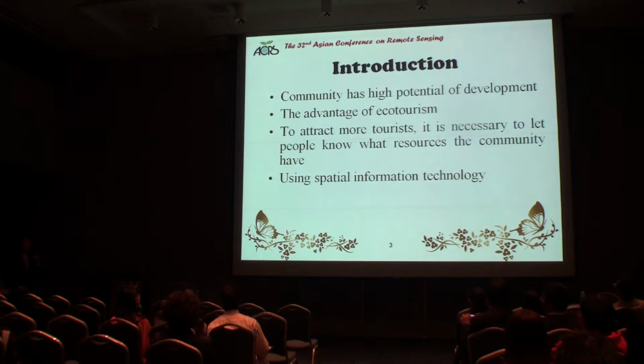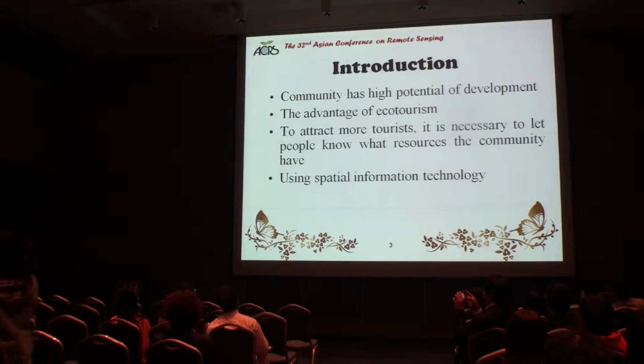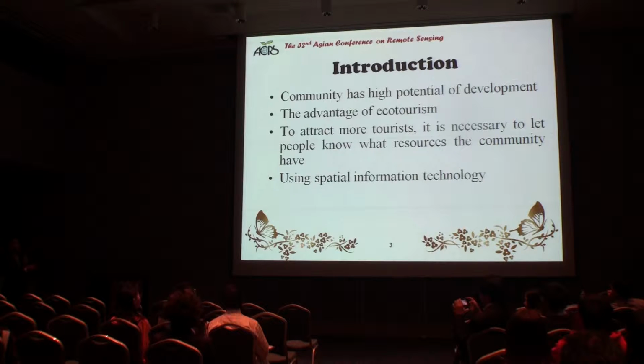The introduction. Because some communities in Taiwan still have a variety of creatures and cultures, we think a certain community has high potential for development of ecotourism. The advantage of ecotourism is that it can let people learn from different environments and natures.